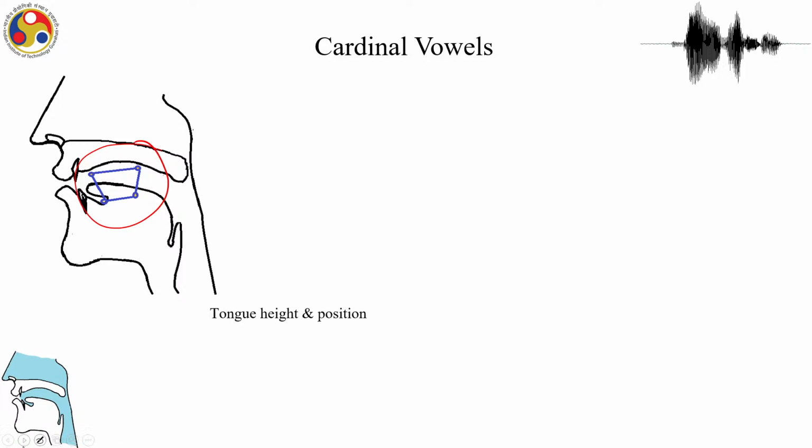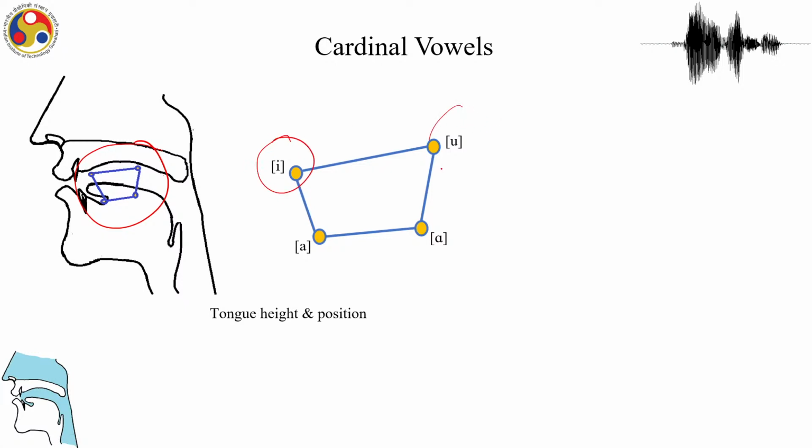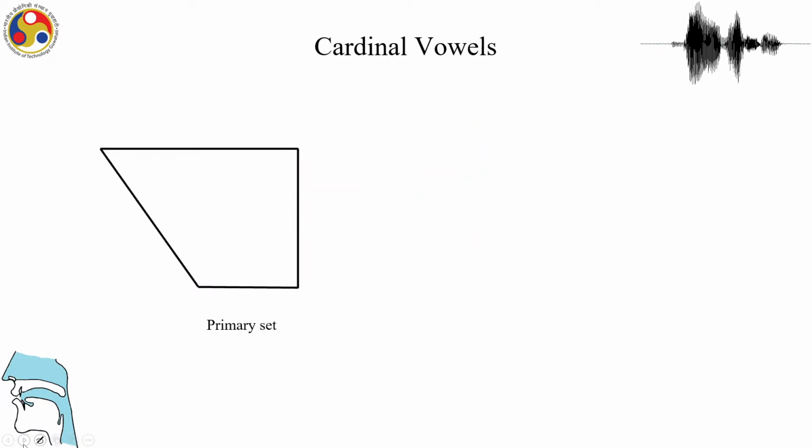We think of them as high front and high back, low front and low back. Okay. So these are the primary sets of vowels.